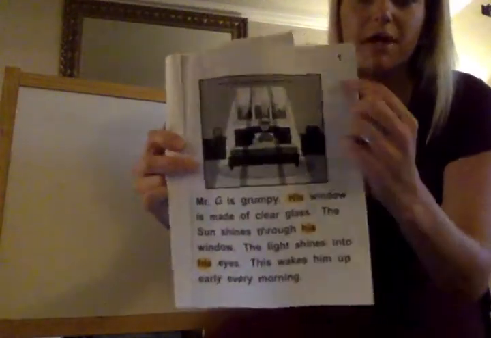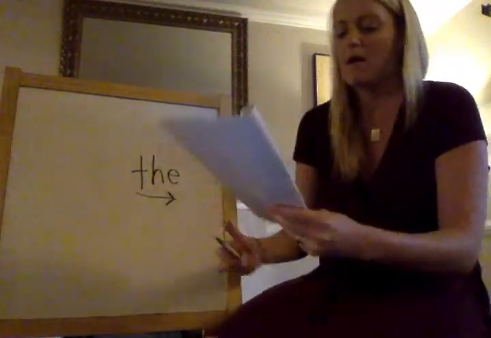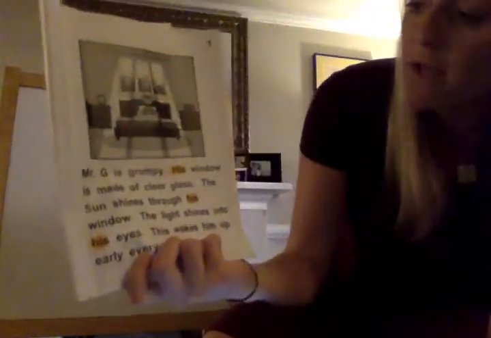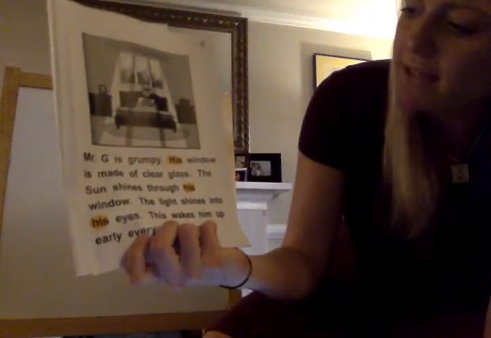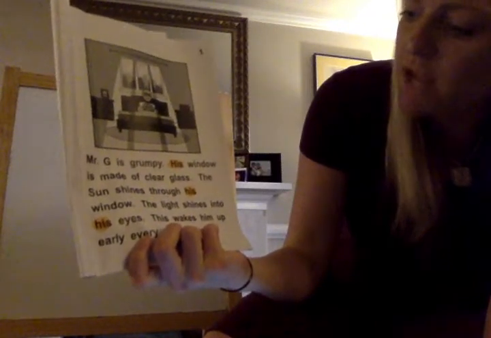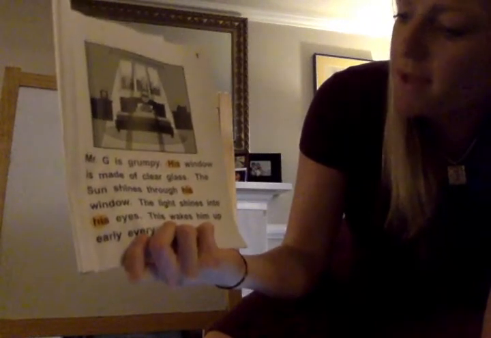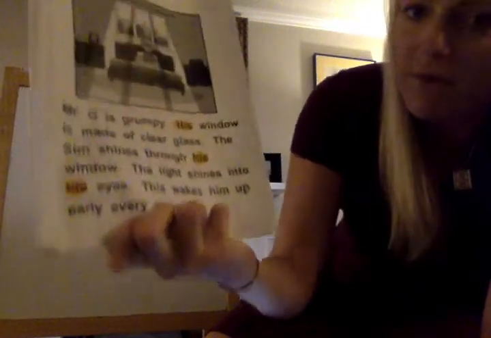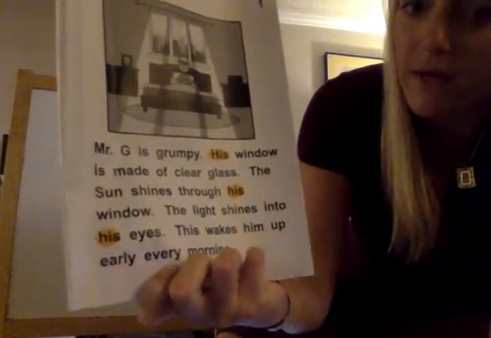Okay, Grumpy Mr. G. Find page 1. Mr. G is grumpy. His window is made of clear glass. The sun shines through his window. The light shines into his eyes. This wakes him up early every morning.